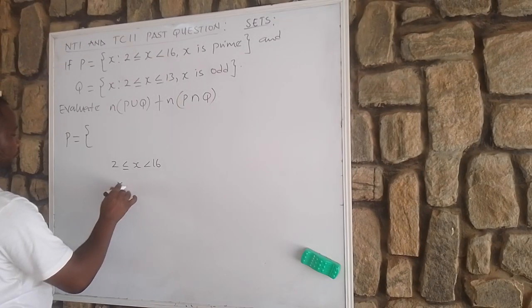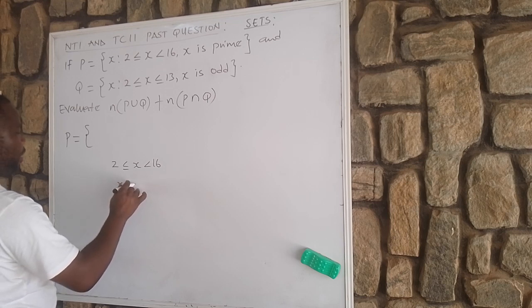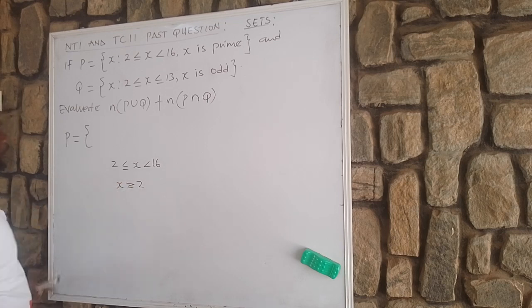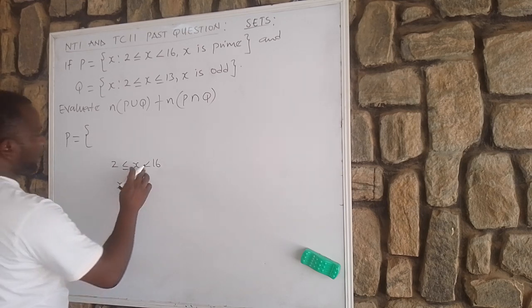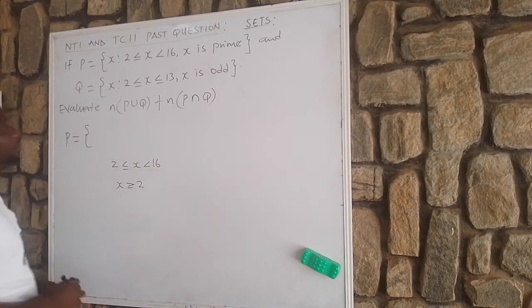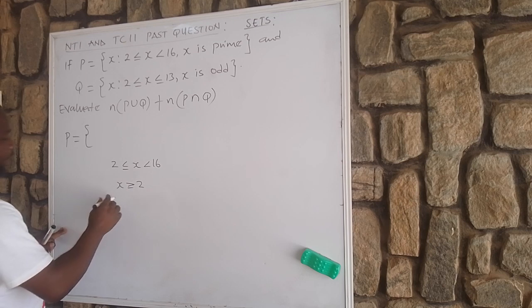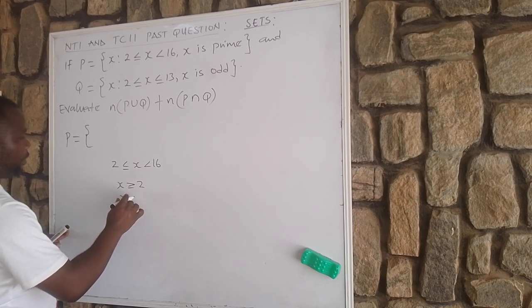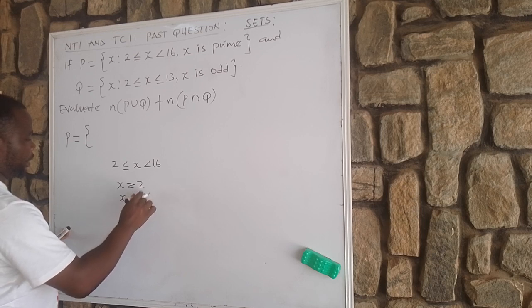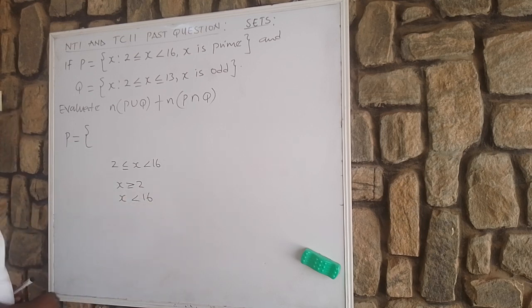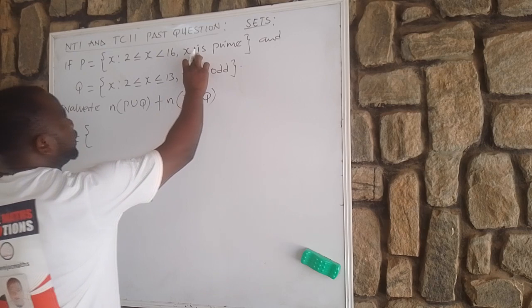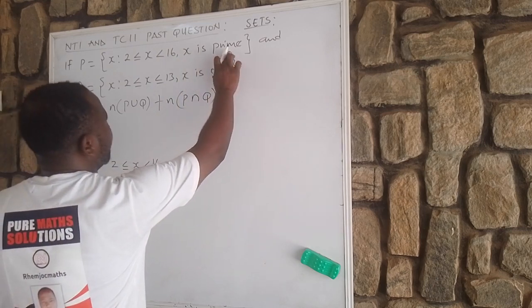Note that X is either greater than 2 or equal to 2, and then less than 16. So what we need to do is consider the interval between 2 and 16. Then the most important thing is that X is prime.